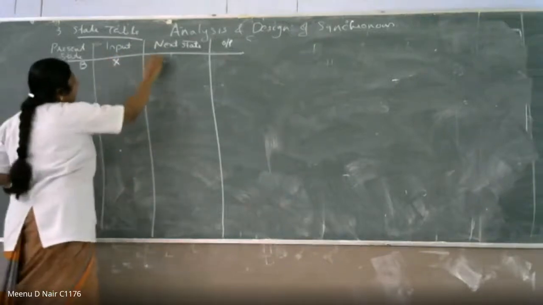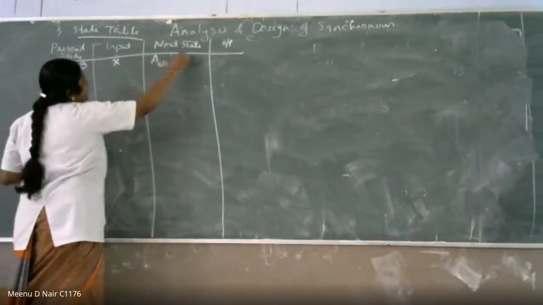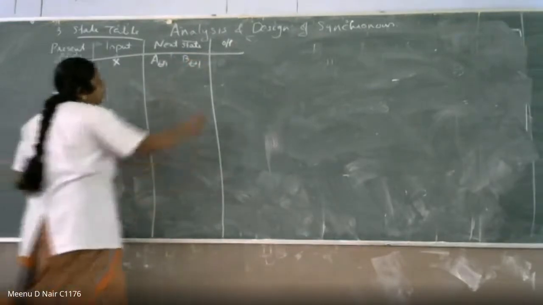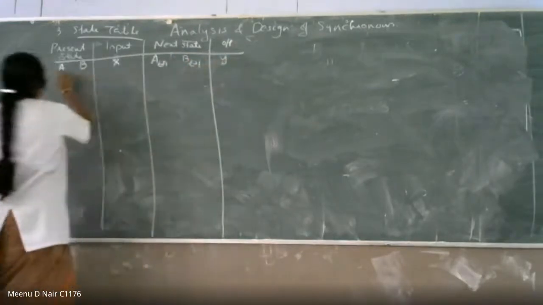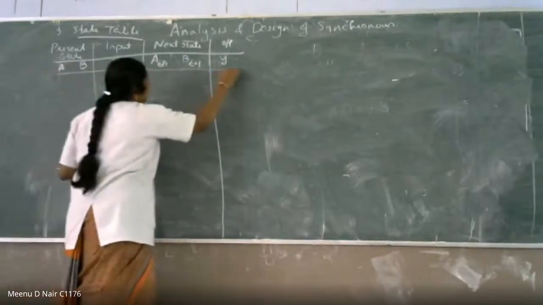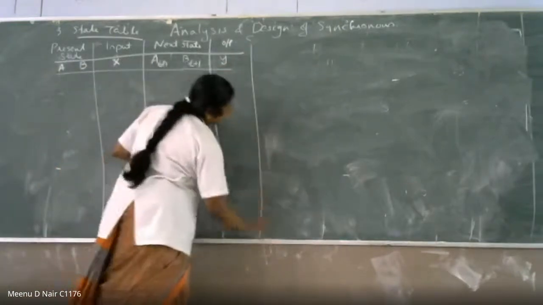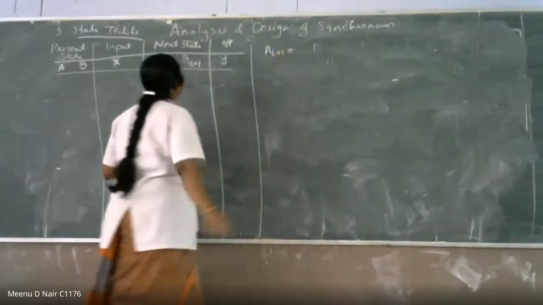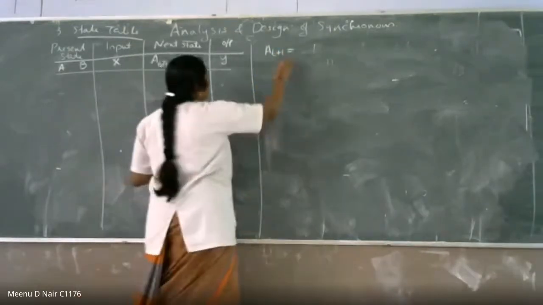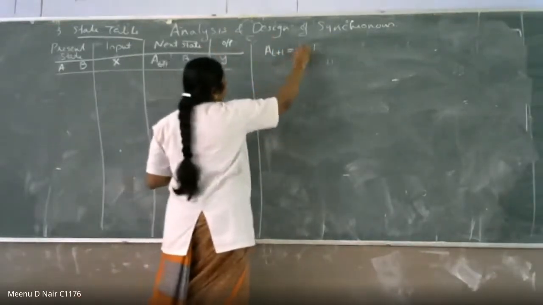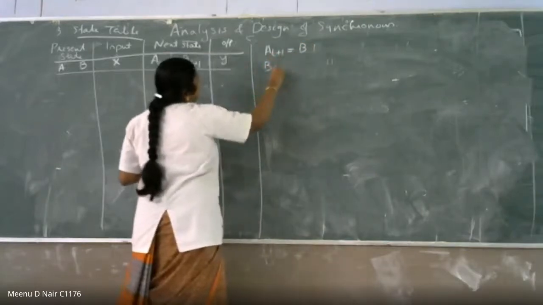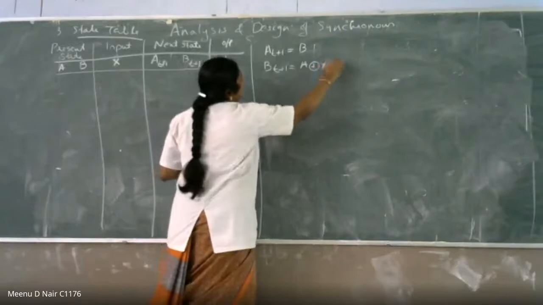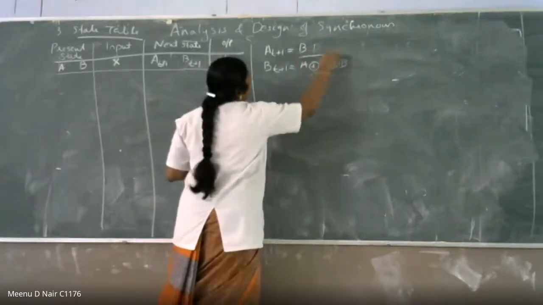Next state is A, T plus 1 and B, T plus 1. This is your next state. Output is Y. So what is the expression of A, T plus 1? A, T plus 1 is equal to B, and B, T plus 1 is equal to A XOR X XOR B whole bar.